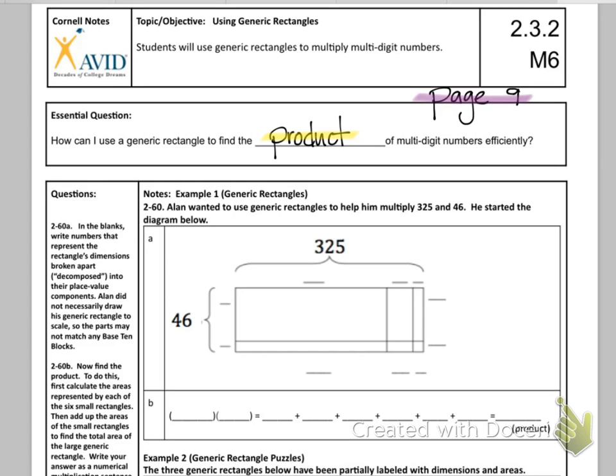In order to put 325 on a generic rectangle, we are going to have 300 plus 20 plus 5. Remember, whatever we put on the top of a rectangle, just like area, we're going to transfer it to the bottom.